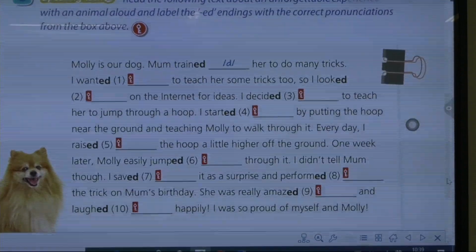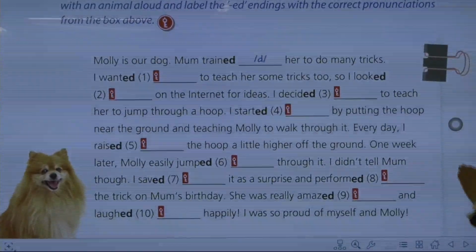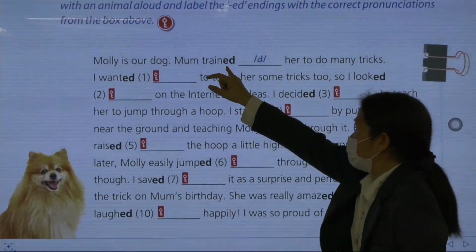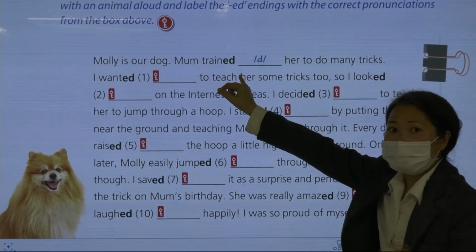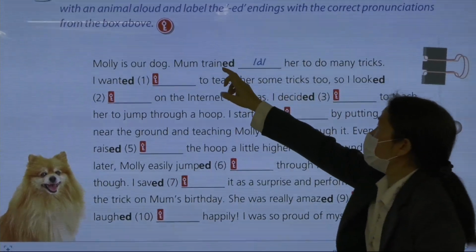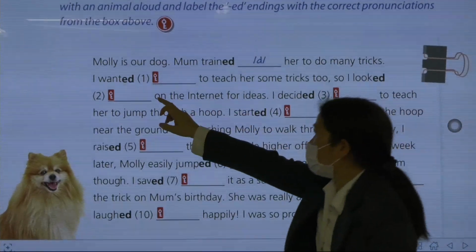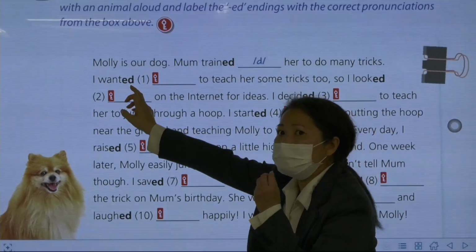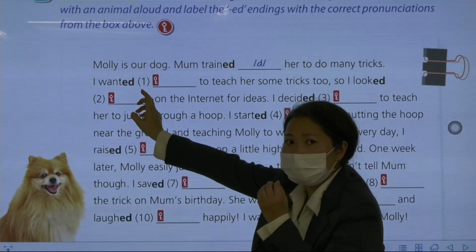So everybody, look at this and check if you really know how to read these words. This one, N-E-D: look at the table, this is trimmed, /d/. And this one, T-E-D, we say /id/: wanted.